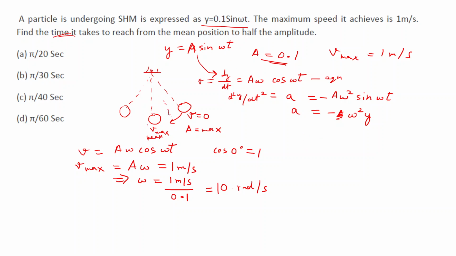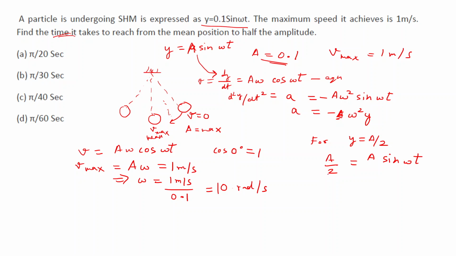If I keep this in this equation, for displacement equal to half the amplitude, A by 2 is equal to A sine omega t.